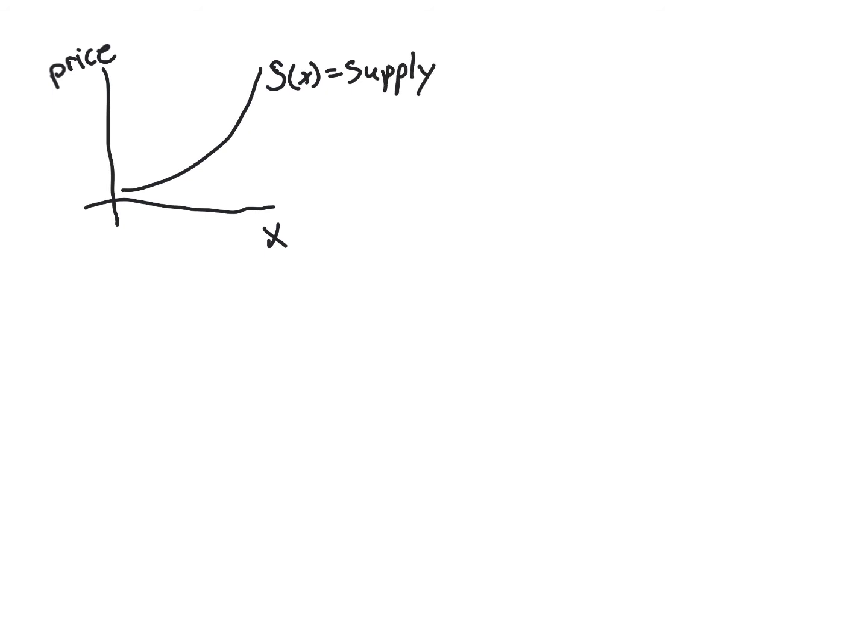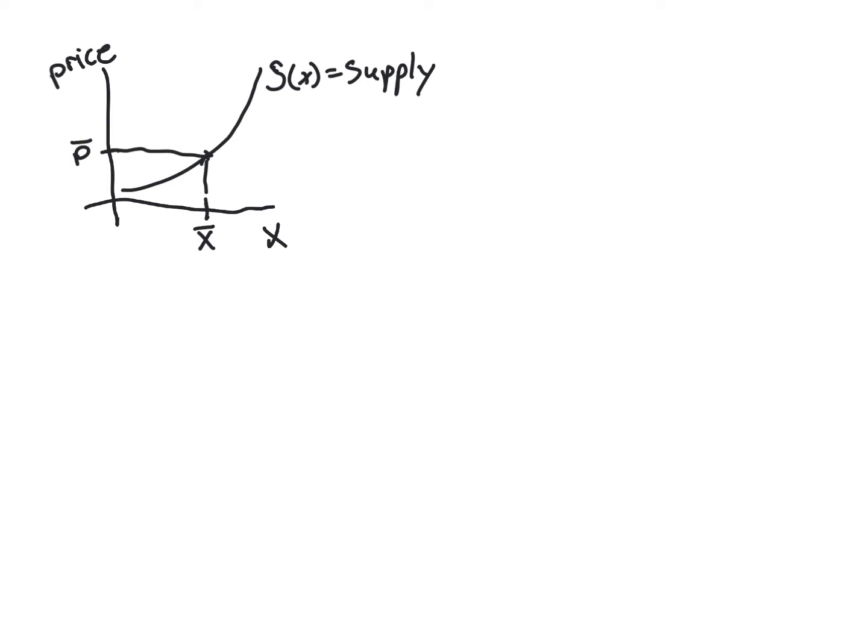It's the number of units that the producer is willing to supply to the market based on the price. But again, the price has been set here at P bar, and that corresponds to some particular demand, X bar.